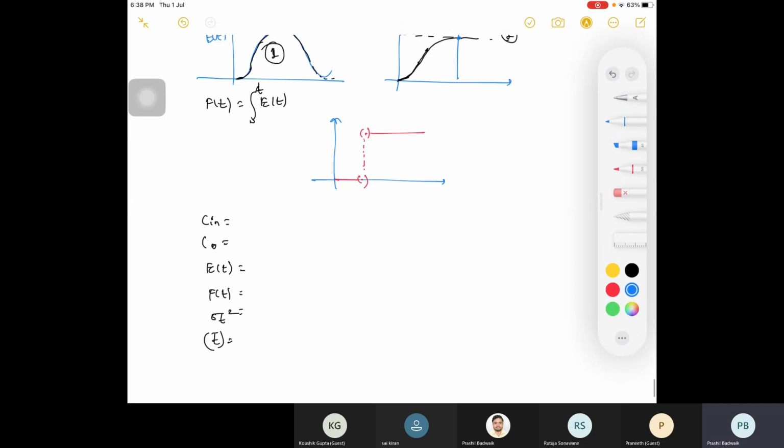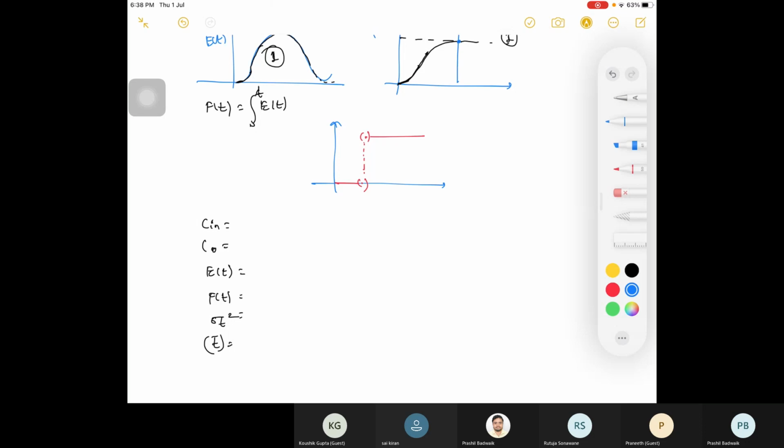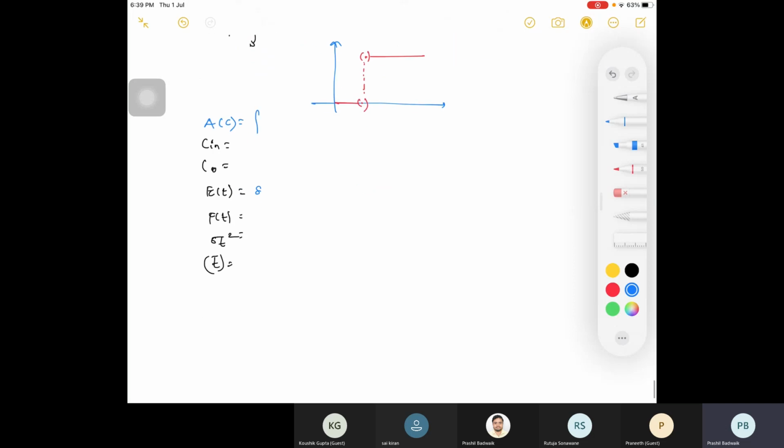What is that? The area under the C curve. Area under the C curve is the integration from 0 to infinity of C naught (t minus tau p) dt. Your E(t) is what? C out divided by the area under the C curve.